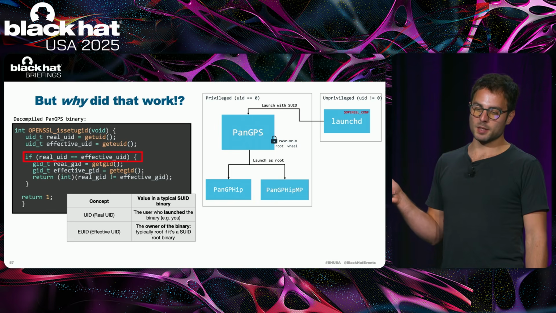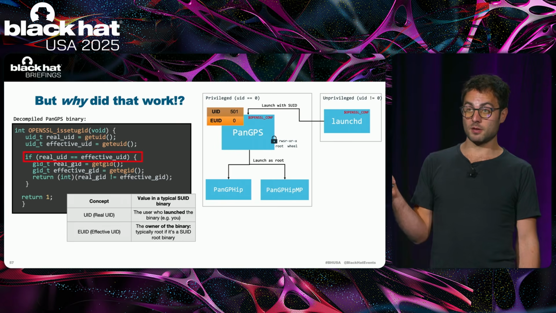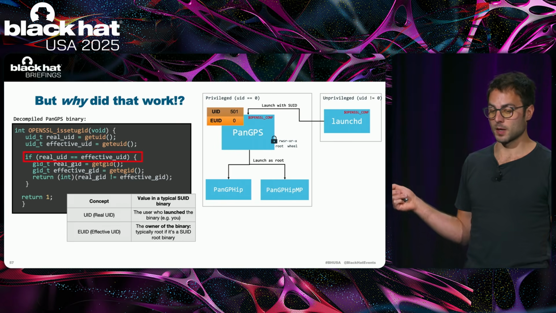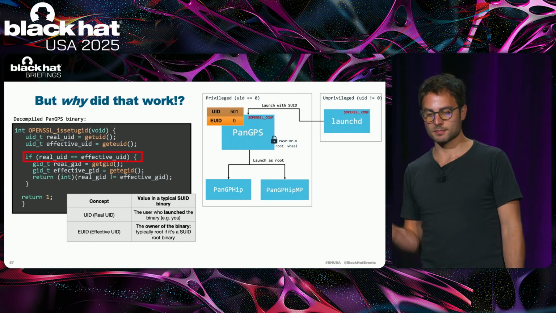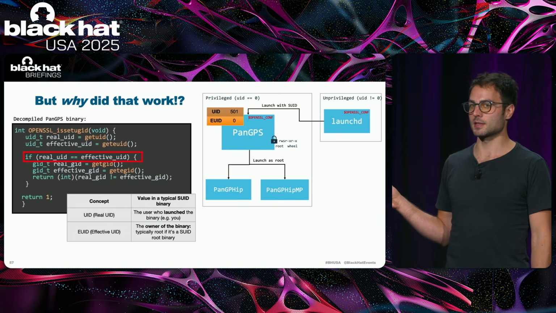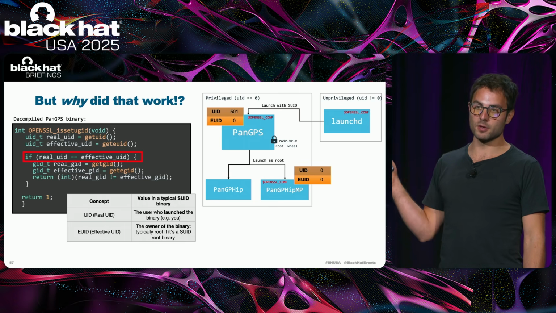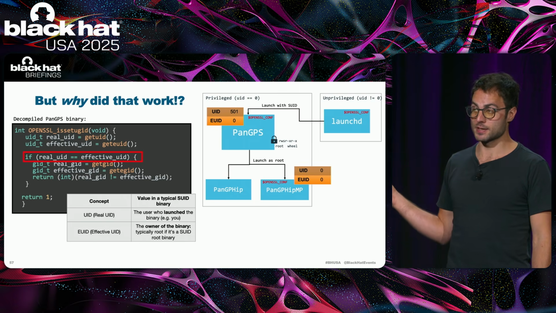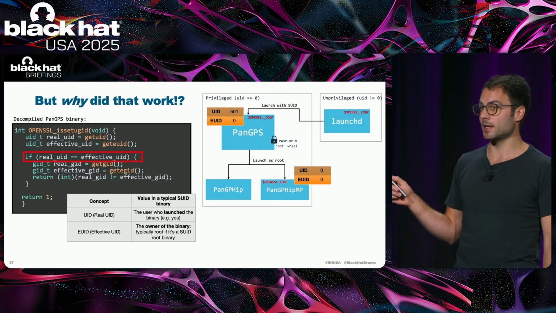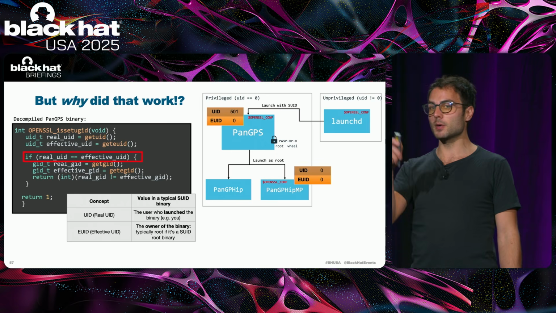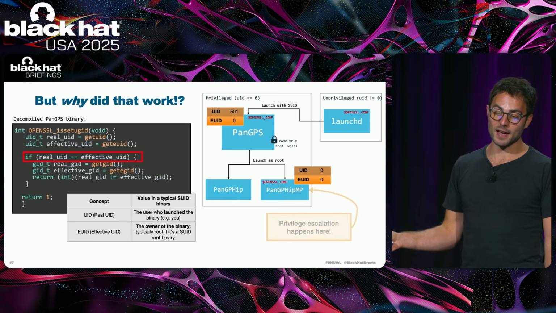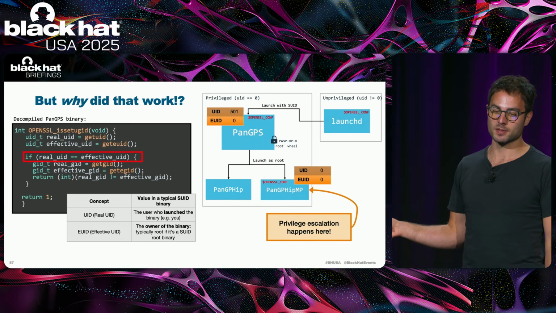From the perspective of pan-GPS, well, yes, the real UID is 501. So we're not going to evaluate the environment variables. But what about those child processes? They get launched as root. And so if you look there, actually, both are 0. And most critically, the environment variables get passed all the way down the chain. And that's actually where the privilege escalation happens.